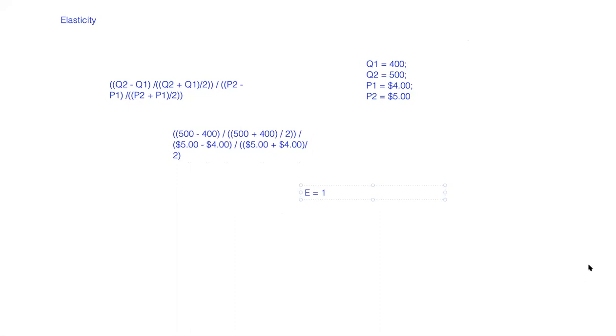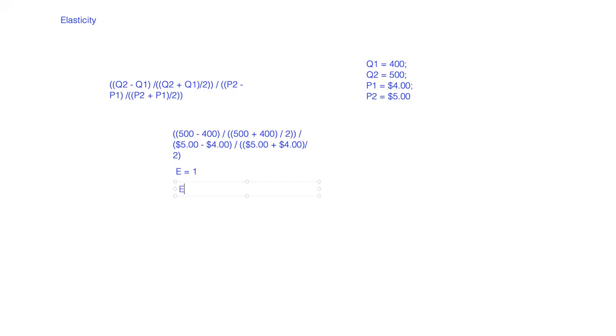Okay, so now why don't we talk about what the elasticity actually means at different points. For this example, we have an elasticity of 1, so that's our answer. What does that mean? Effectively, that means that price and quantity change in tandem.